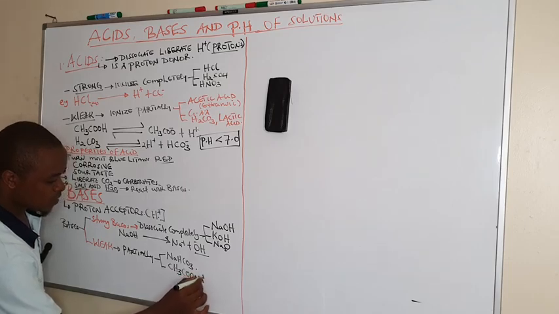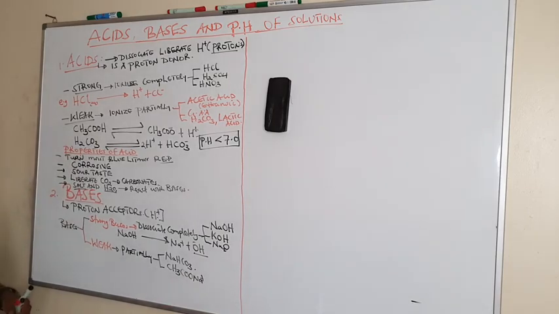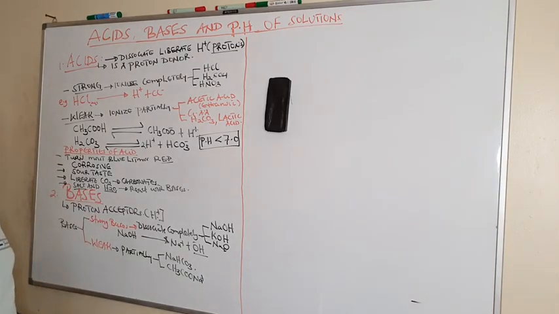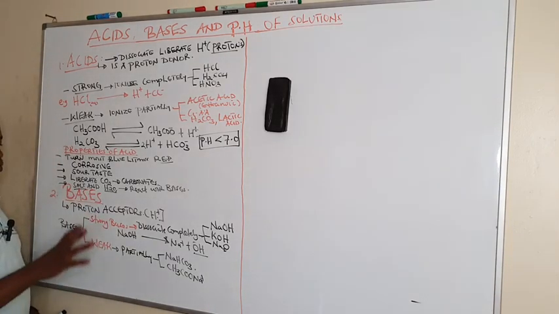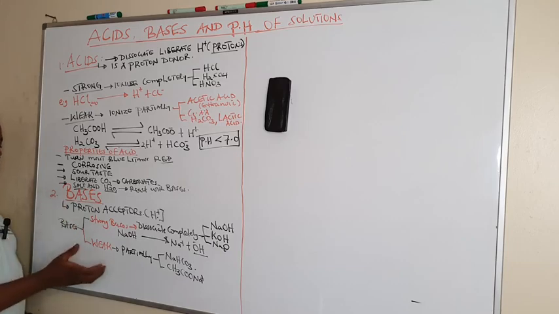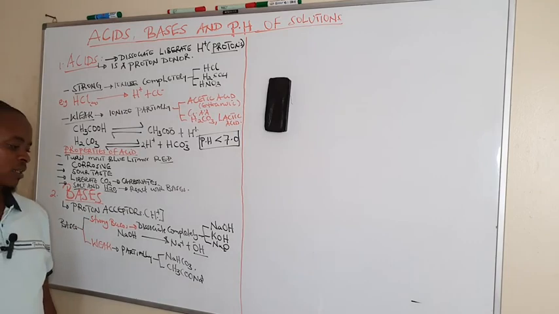Sodium ethanoate is also an example of a weak base. So strong bases dissociate completely or ionize completely, whereas weak bases ionize partially.